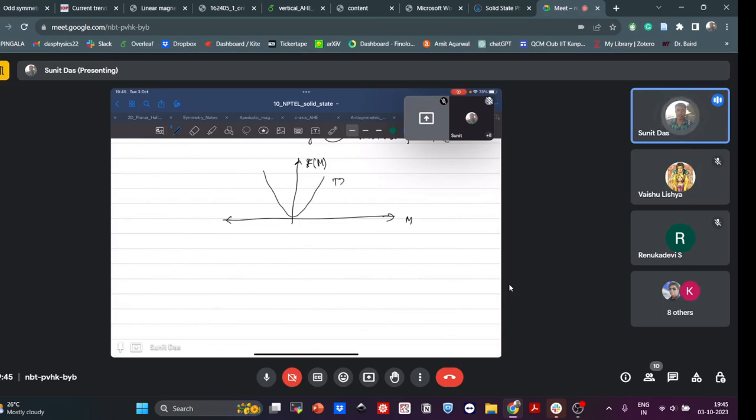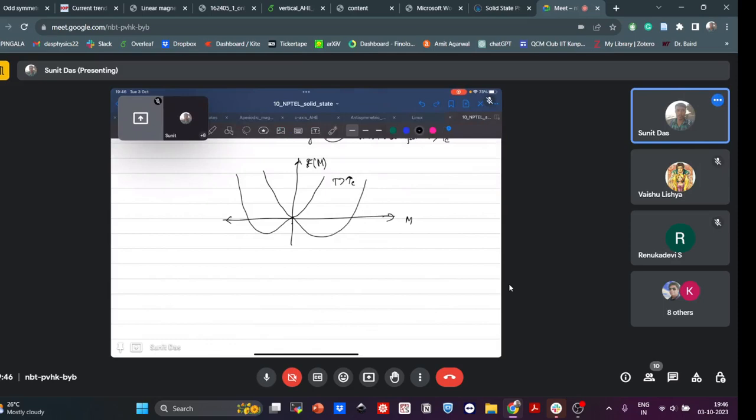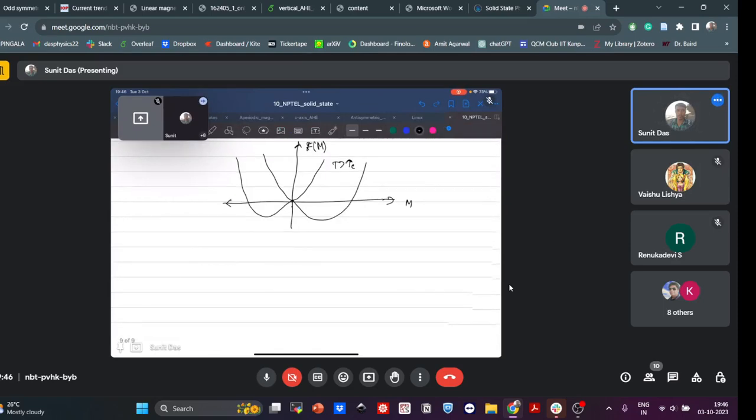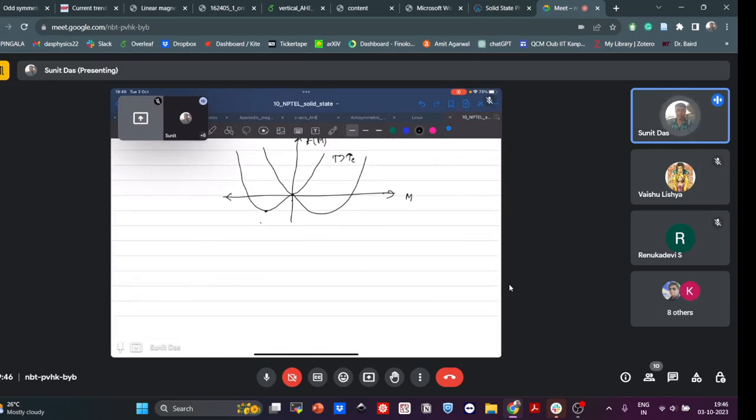This is for T greater than Tc, and for T less than Tc, it becomes symmetric, with these two minima. This is minus m and this is plus m. And this is for T less than Tc.